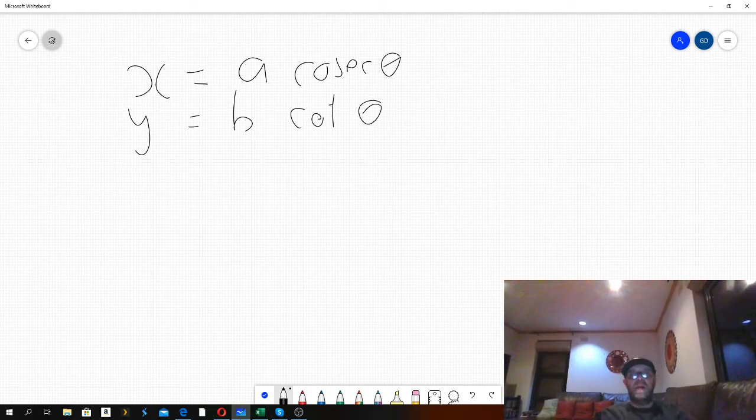Cosec we know is 1 over sine, cot is cos over sine. We might need a square identity here again, because we do have an identity that involves cot squared and cosec squared, so I think squaring might be an option again. So let's try. We'll square these.